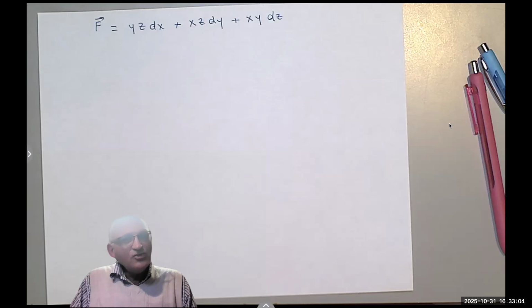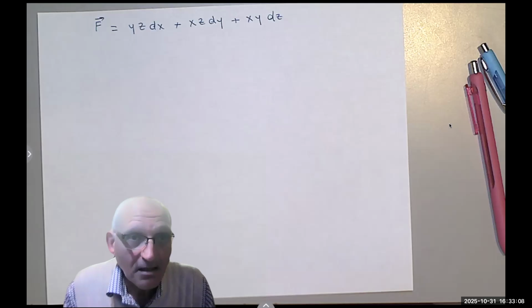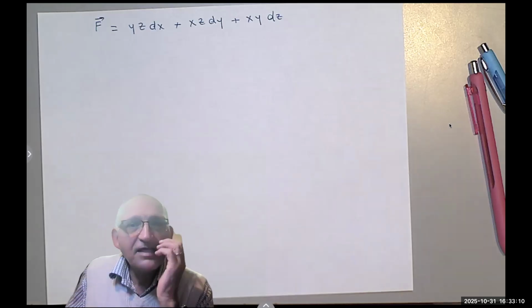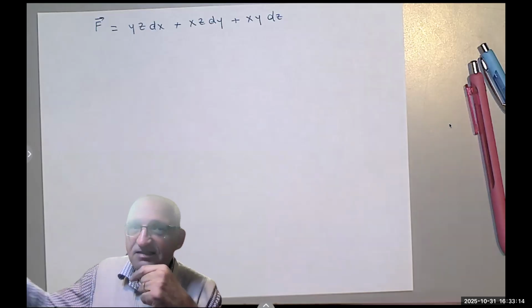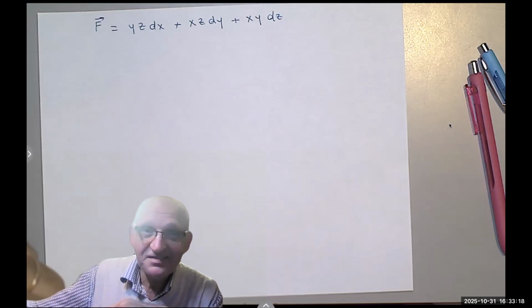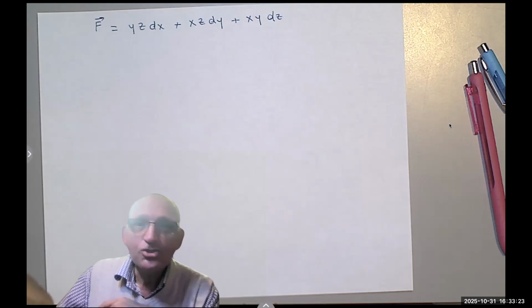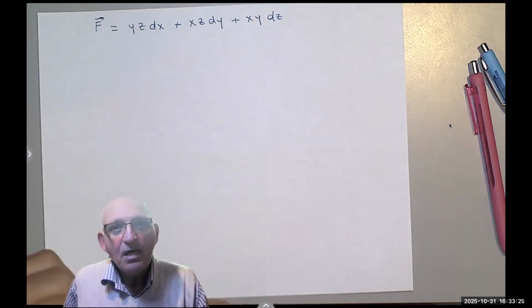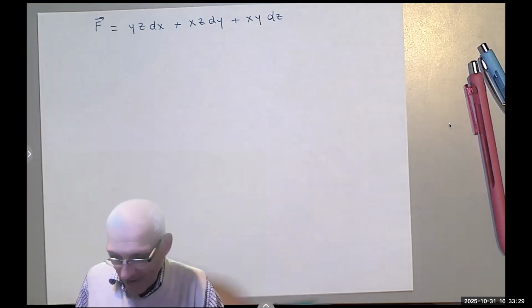So when we do the dot with dr, notice that dr can be written as dx/dt times dt plus dy/dt times dt plus dz/dt times dt. So now that simplifies things for me in a way, right?